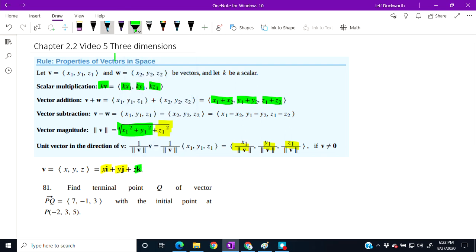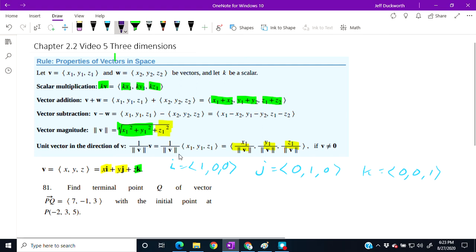And so the vector i will equal 1, 0, 0. The vector j will equal 0, 1, 0 for the y component. And then the vector k will equal 0, 0, 1, and only keep the z component.